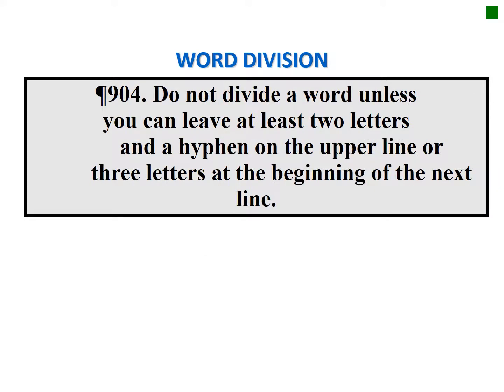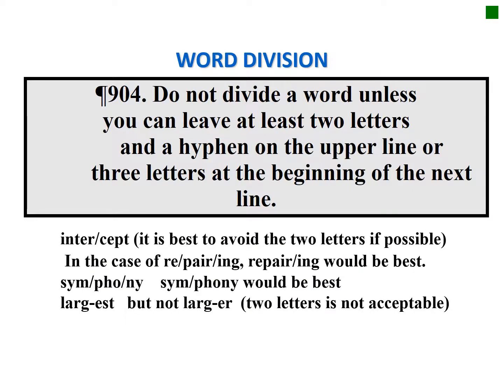Do not divide a word unless you can leave at least 2 letters and a hyphen on the upper line, or 3 letters at the beginning of the next line. And sometimes you have to use your judgment on some of these. For example, intercept. It's much better to divide it inter and cept, even though you could have in, and then tercept on the next line.